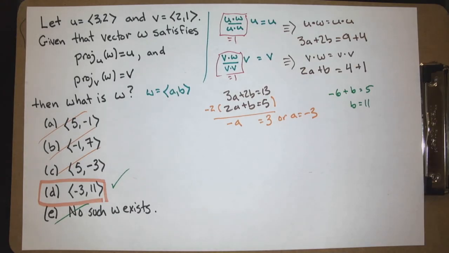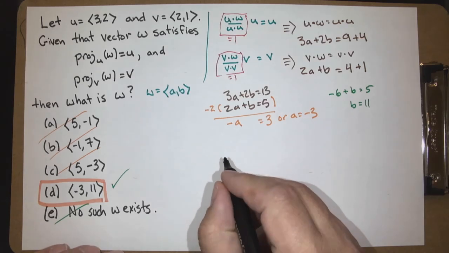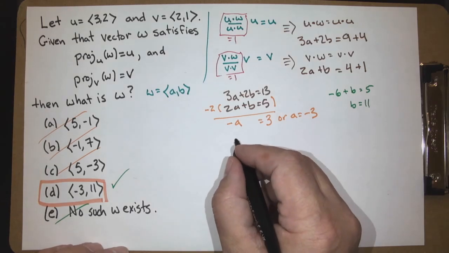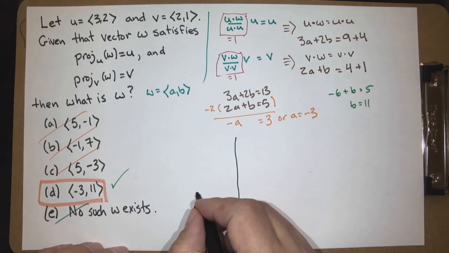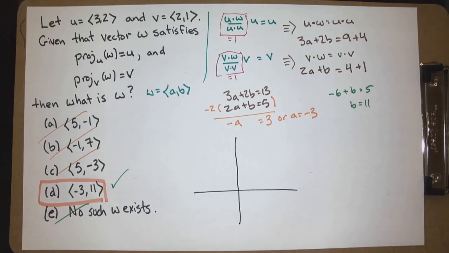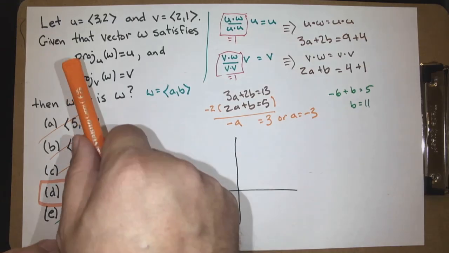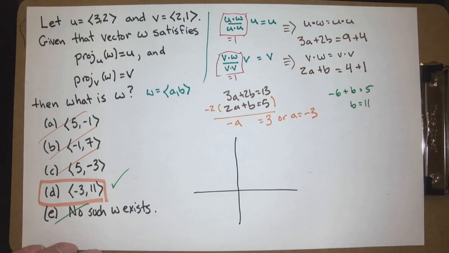I will point out one other way to go about this problem. Just for fun. I haven't tried this yet. I hope this doesn't blow up in my face. But if it does, at least we had fun. Okay, so I am going to think about this vector, let's say 3, 2.